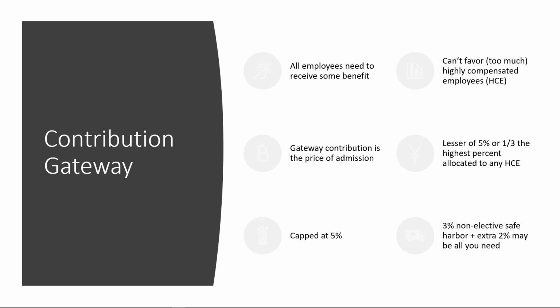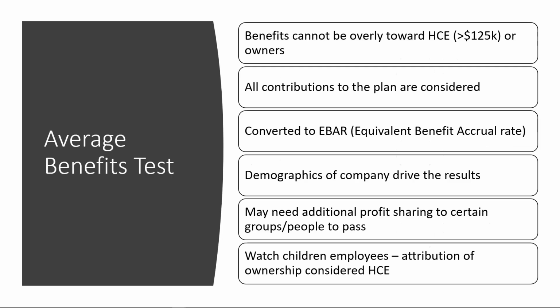Okay, the next testing that we want to talk about is what's called the average benefits test. And once again, this test makes sure that the benefits cannot be overly skewed towards the highly compensated employees. Now, the average benefit test does consider all contributions to the plan.